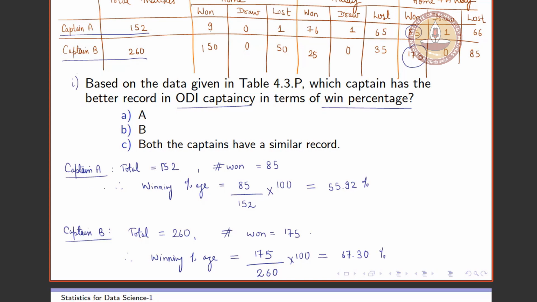So if we look at the percentage, winning percentage of Captain A is 55.92, and winning percentage of Captain B is 67.32. So the correct answer will be option B, that is Captain B. Captain B has a better record in ODI captaincy in terms of winning percentage.